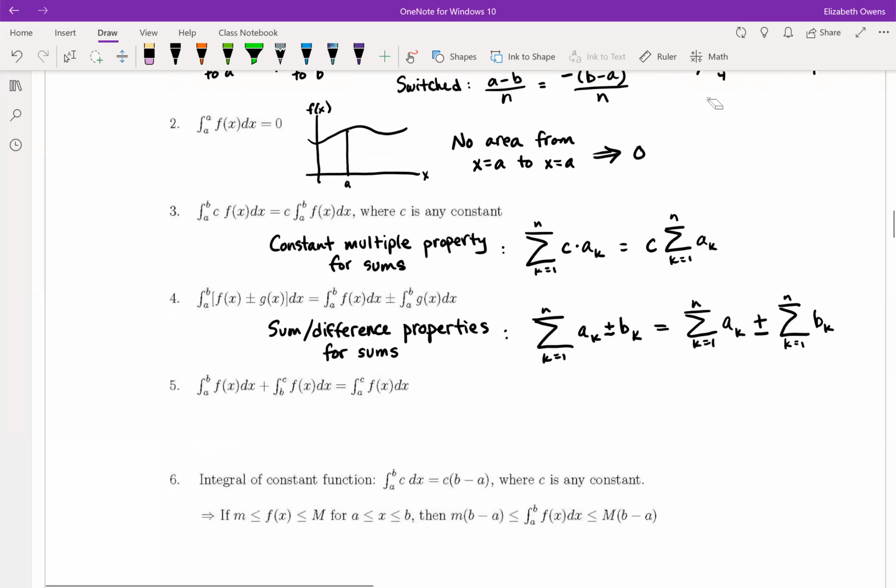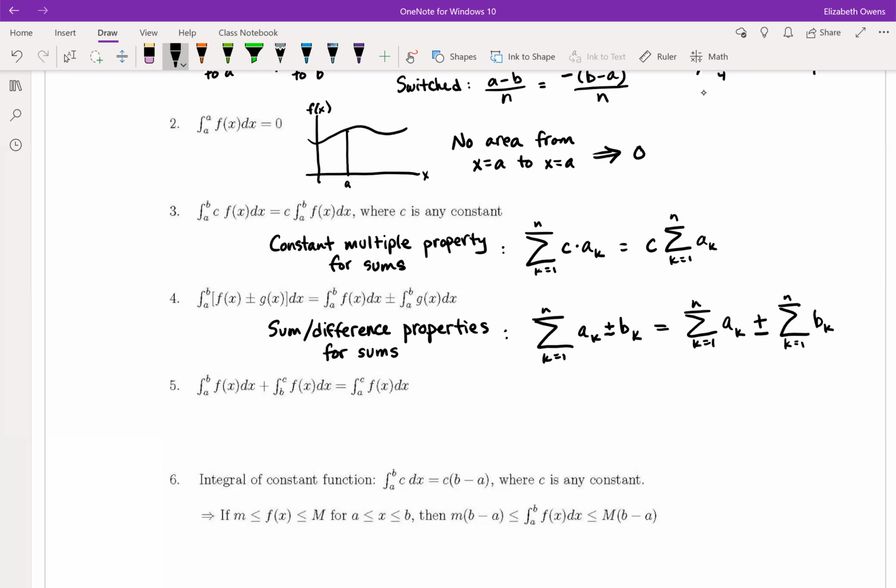Okay. Number 5 here. This says if we're taking the integral from a to b of f of x dx, and we're adding the integral from b to c of f of x dx, that's going to equal overall the integral from a to c of f of x dx.